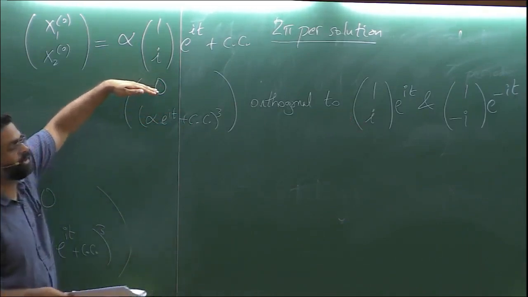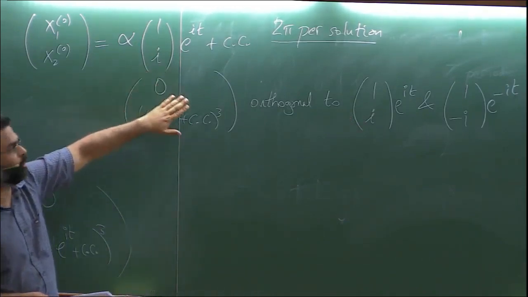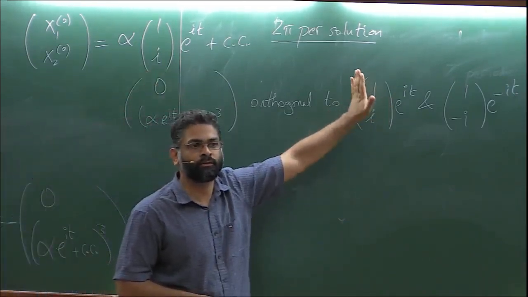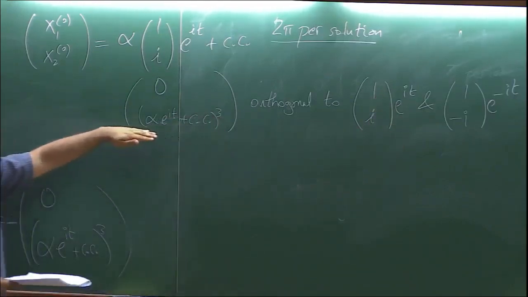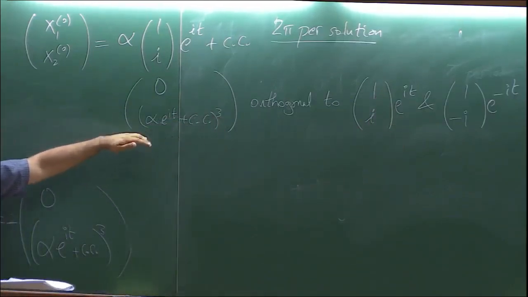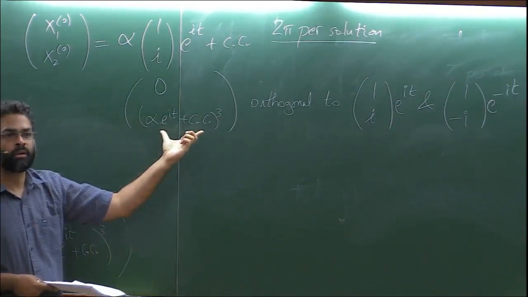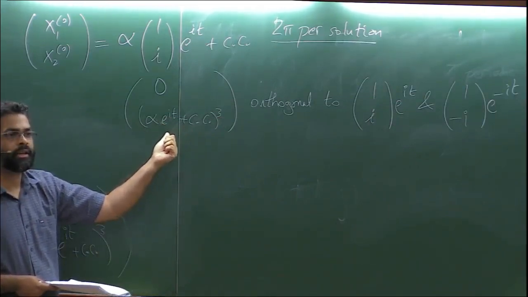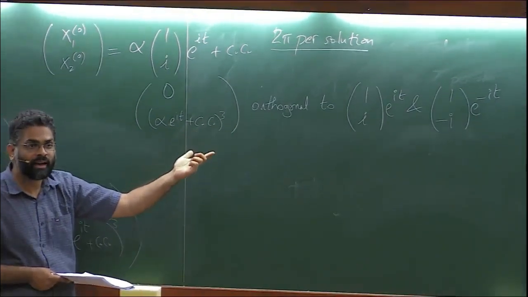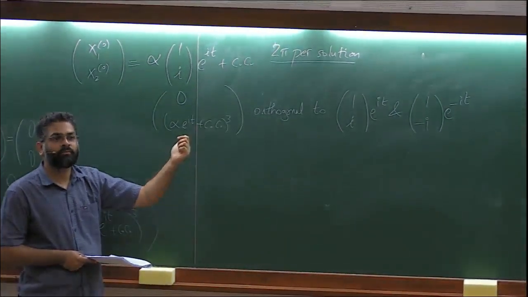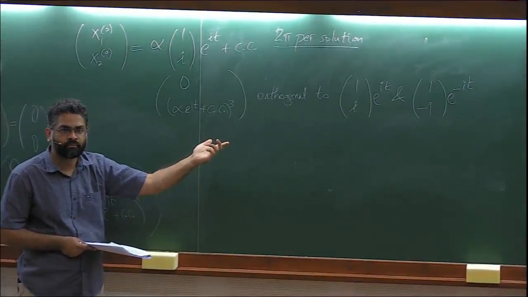The nice thing is, of course, that first term goes away. Great. 0 times e to the it. Wonderful. That's 0. i times e to the it times this junk. If you expand the cube, you're going to get an e to the it, an e to the 3it, an e to the minus it, and an e to the minus 3it.